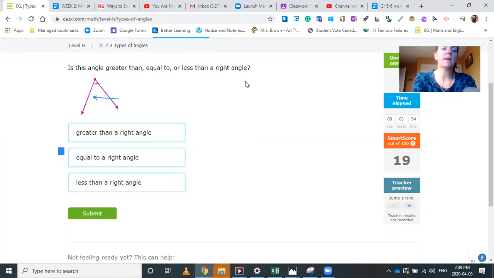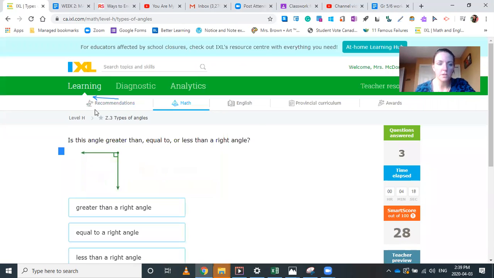So if I put my corner right on that dot, corner on the dot, flush along one side, I cannot see, apart from actually through my page, it's great because the screen is showing it up a little bit, it is definitely smaller than a 90-degree angle. And so less than a right angle is the answer to this question. All right, so here you can actually see that little square that it makes with the right angle.